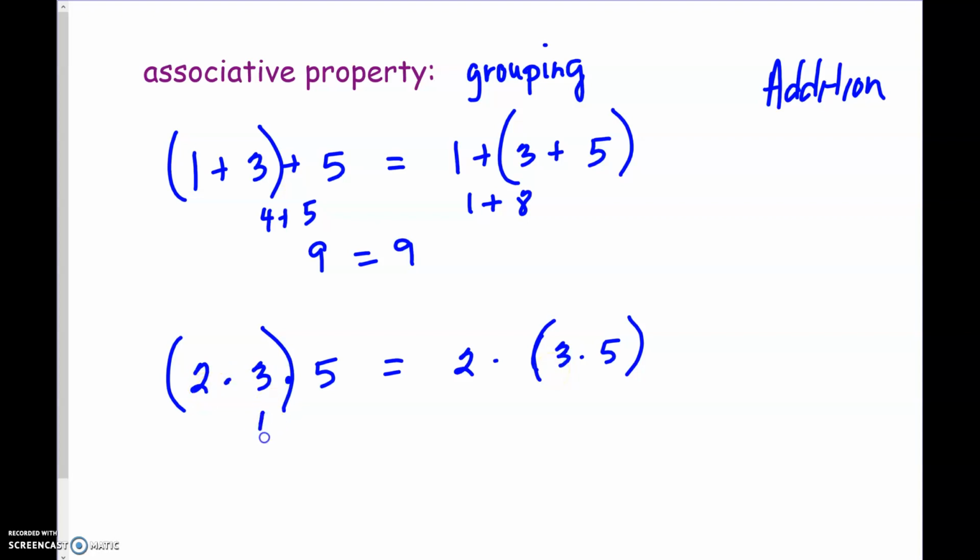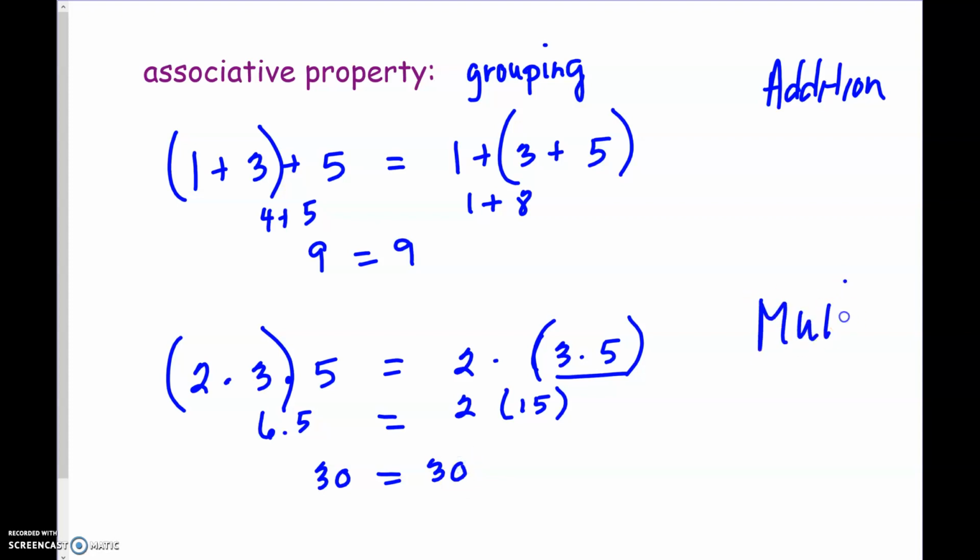Well, 2 times 3 is 6, times 5 is 30. Do I get the same thing on the other side? 3 times 5 is 15, and 2 times 15 is 30. So I can group them whether I'm doing addition or multiplication. It changes the grouping of things.